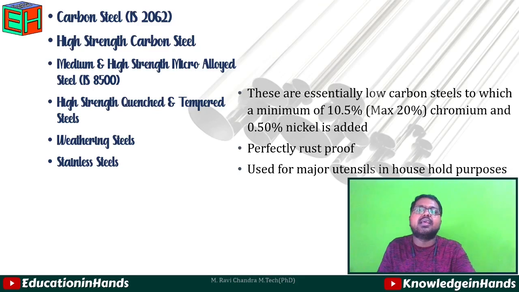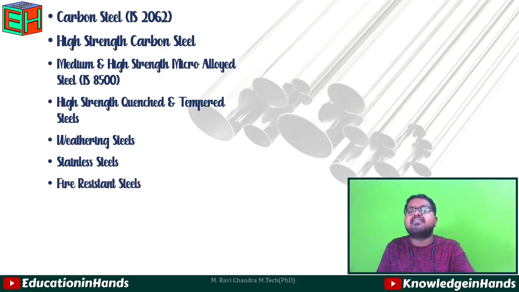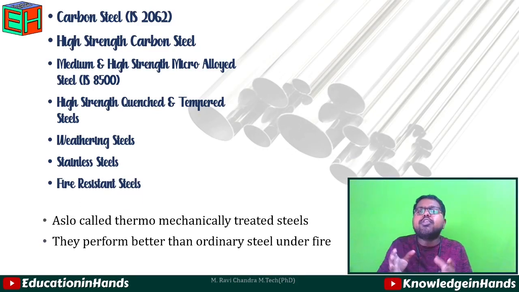Next and last one is fire resistant steels. We know steel is prone to fire, but here they show fire resistant steel. What is the difference here? Thermomechanically treated steel means it is a special process in preparing the steel bars or elements.